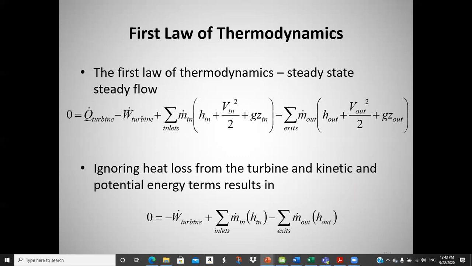For a turbine, we typically have one inlet, but we could have more than one exit. At each inlet, it's the mass flow rate in times enthalpy plus kinetic energy, V squared over 2g, plus potential energy, and then the same over the exits.